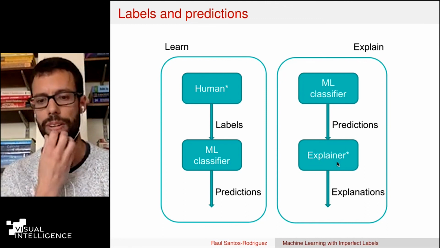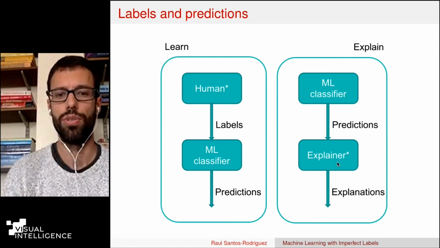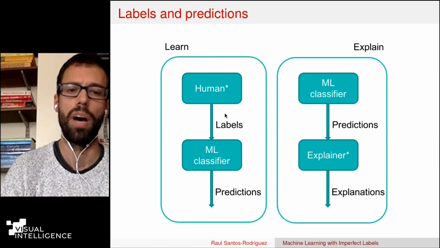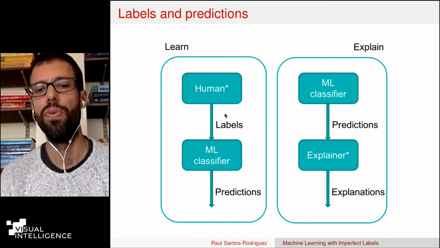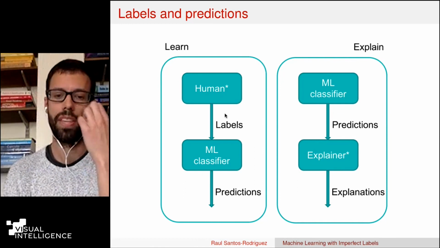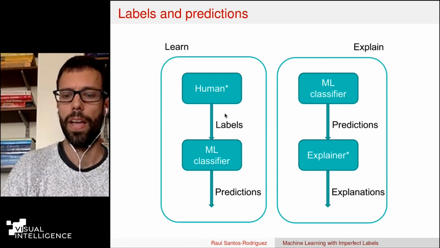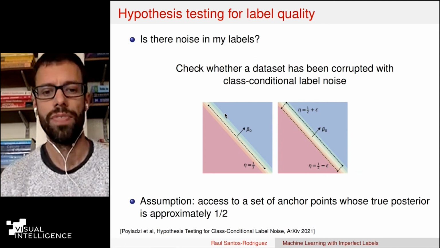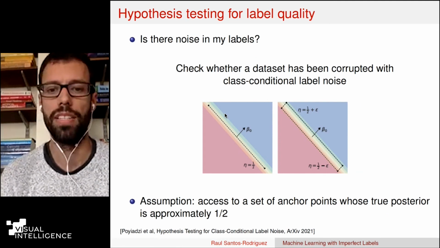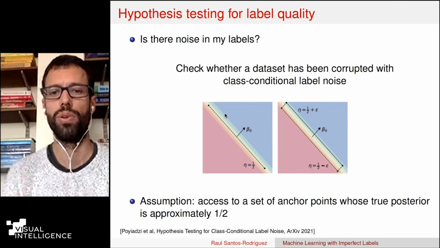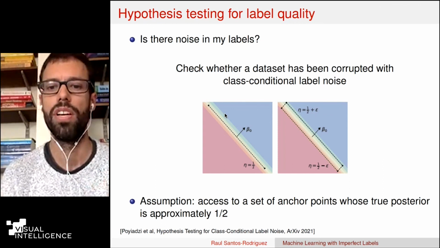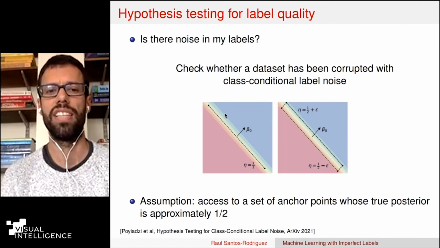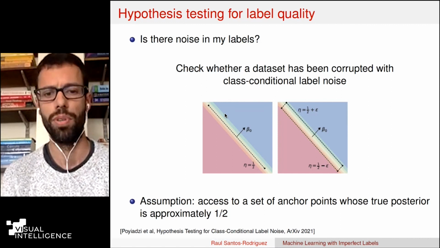And the last thing that we are doing these days is to try to see what it is that we can do in this part of the pipeline. So what happens before the machine learning classifier? There, what we try to do is to be a bit less ambitious and not try to estimate this mixing process, this distortion process that happened to the labels, but to give users tools so that they can test their assumptions on labels.